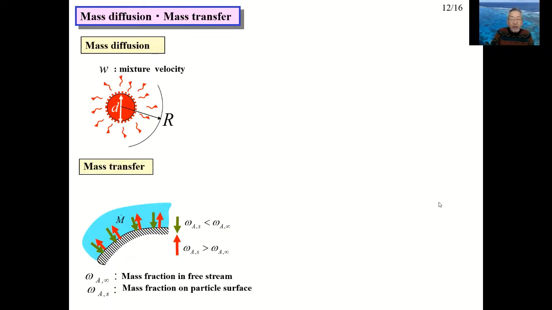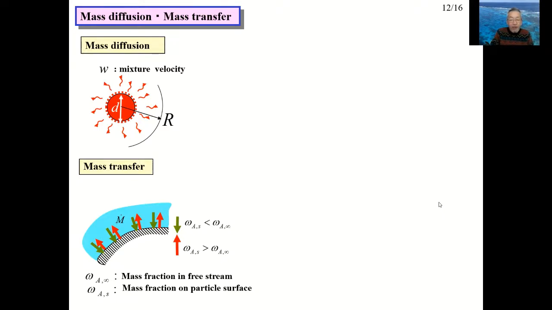Mass diffusion is caused by the thermal motion of molecules. So as long as there is a non-uniform density distribution, the substance diffuses naturally. Mass transfer is the transfer of substance across the boundary between two different materials, such as solid and gas.